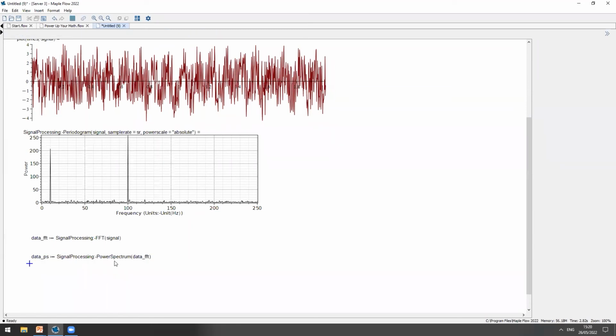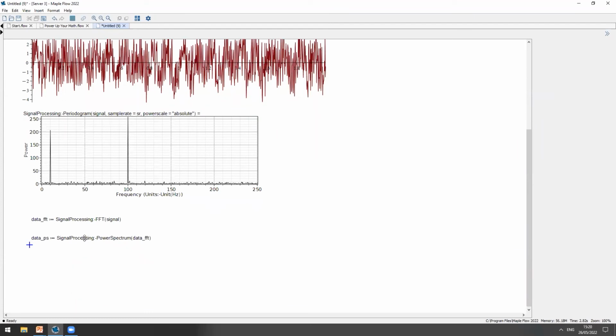So we're going to create a new vector, which we selectively fill with data from the FFT. If the nth value of the power spectrum is greater than a threshold value, we'll keep the nth value of the FFT, but we'll discard it otherwise.